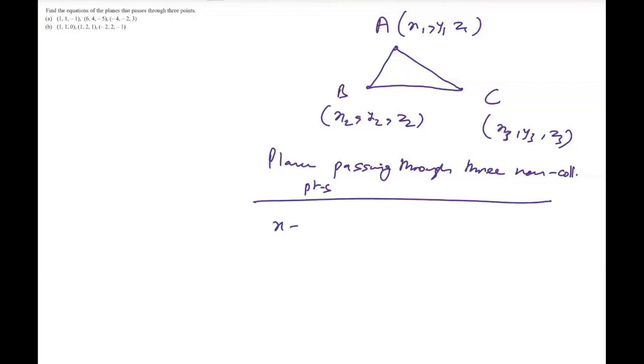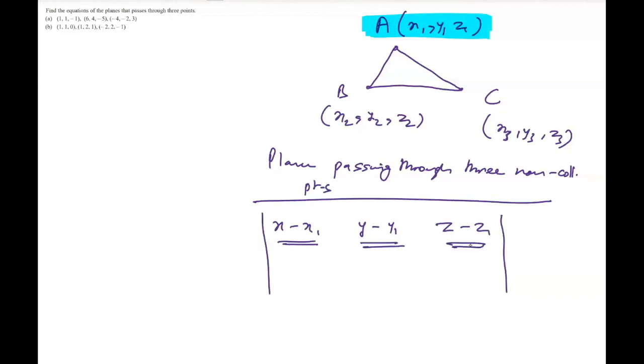The equation is x minus x1. You take any point first of all. Let's say I'm taking the first point as the fixed point: x minus x1, y minus y1, z minus z1. Now, beta, it is a determinant.